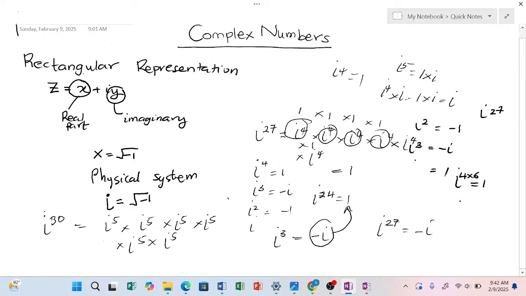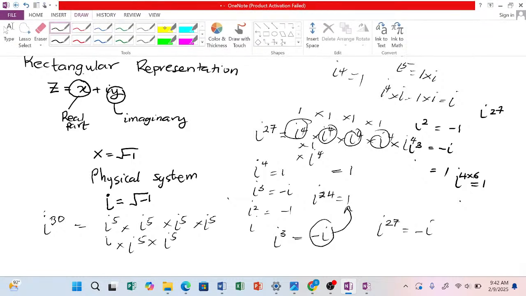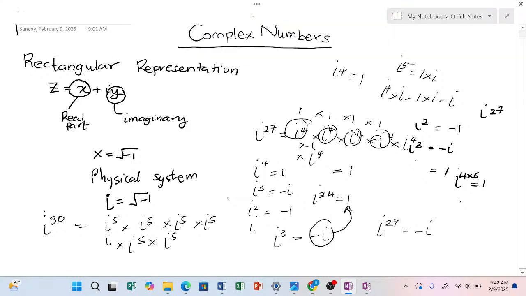Now, i to the power 5 is i. So here, let me use a different color so that we could clearly see it. This is i, this is also another i, and another i, and another i, and another i, and another i, and this is the first i. So we have 1, 2, 3, 4, 5, 6.